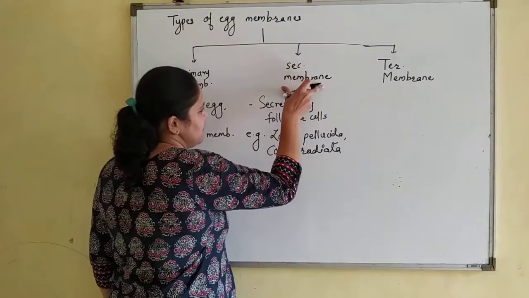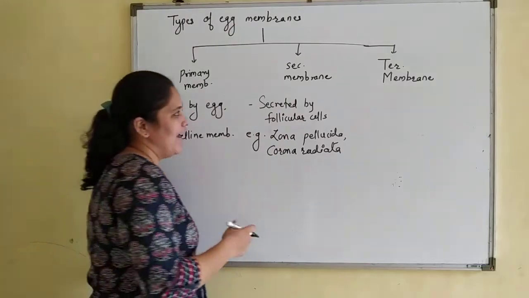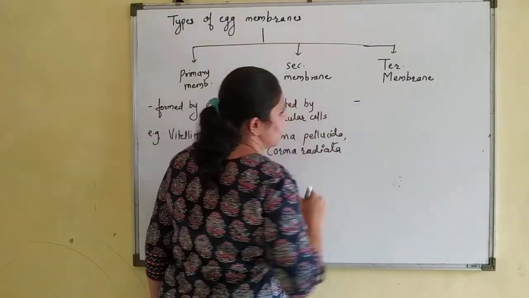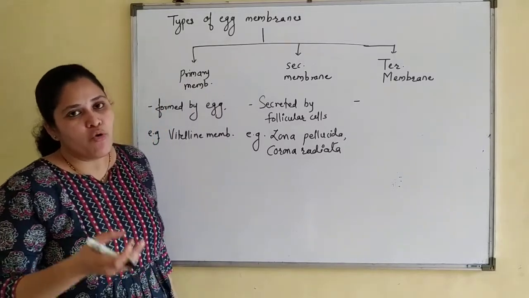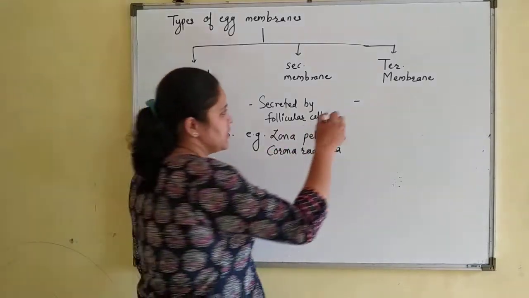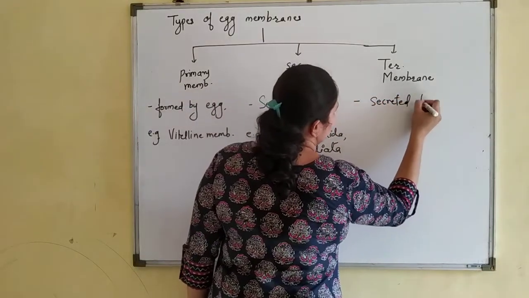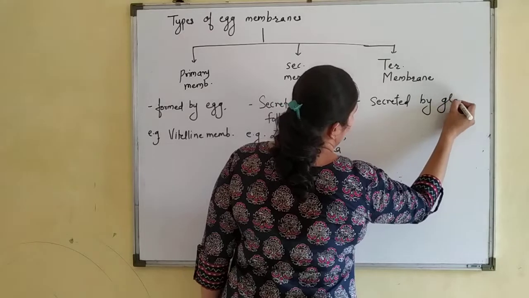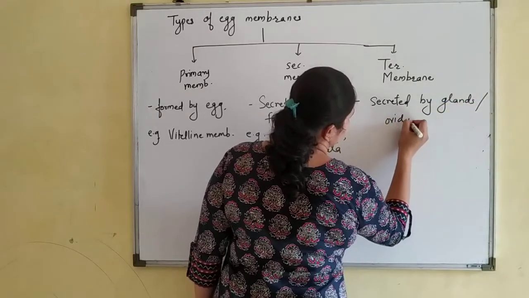So secondary membrane includes the membrane secreted by follicular cells, and tertiary membrane is formed or secreted by different glands or the oviduct.